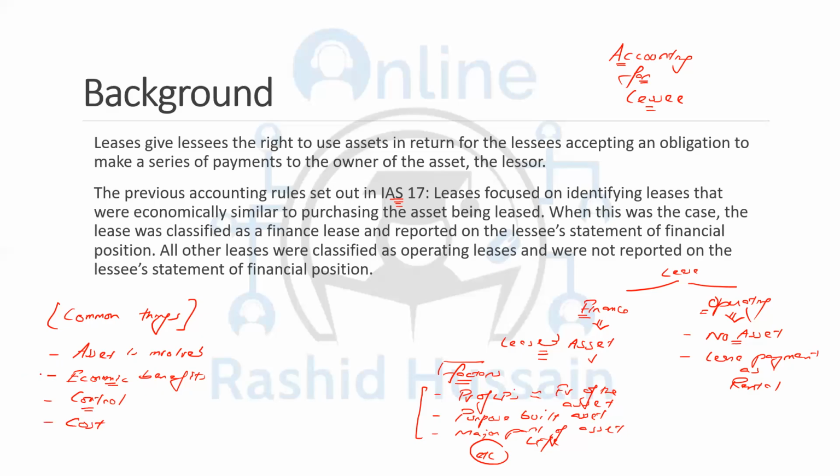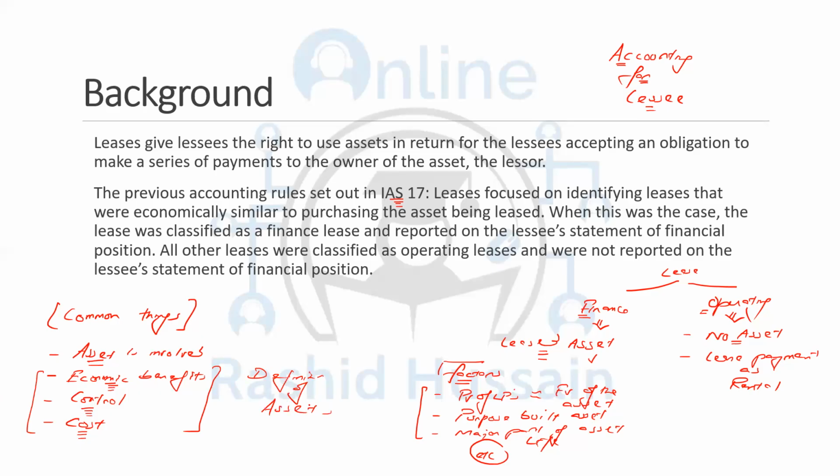So when you see all these factors, that there's a resource involved, which is an asset, that resource is producing economic benefit, that resource is being controlled by the lessee within the lease period, and you can even measure the cost of that lease, then after looking at these points, we can clearly see that the definition of the asset is being met.